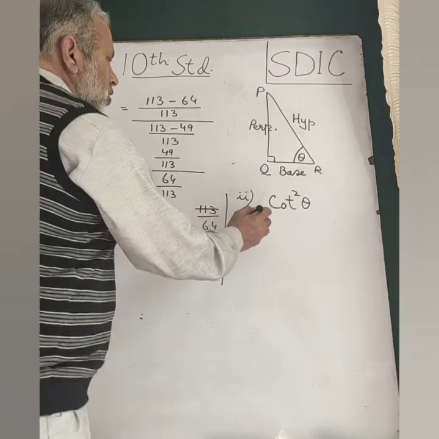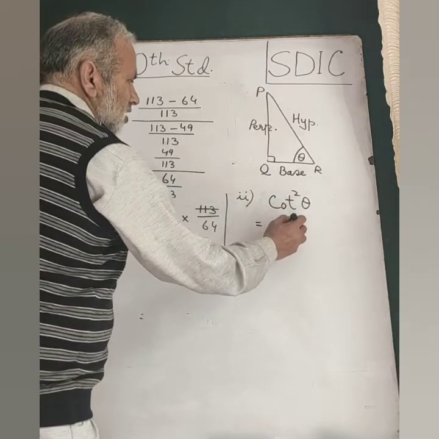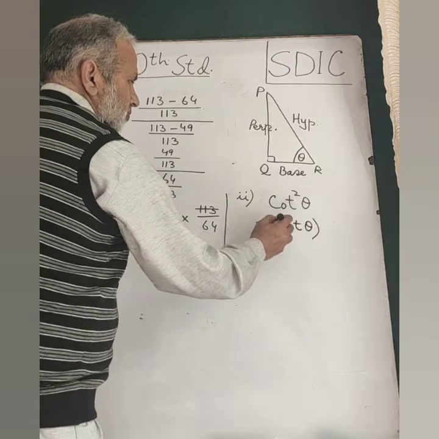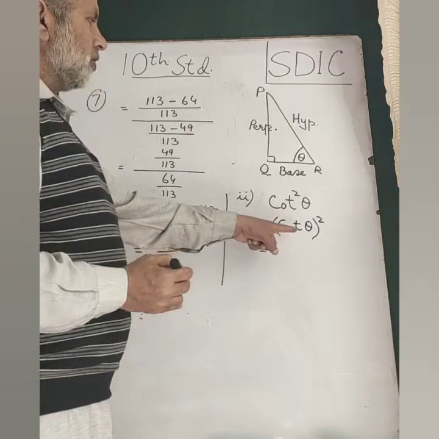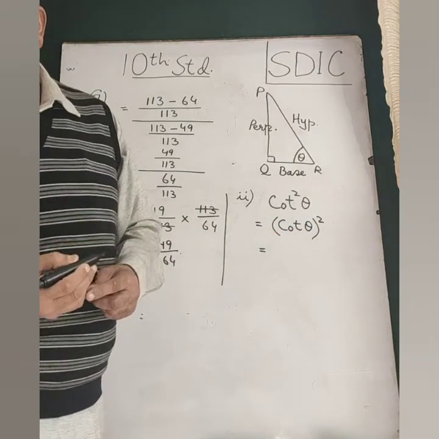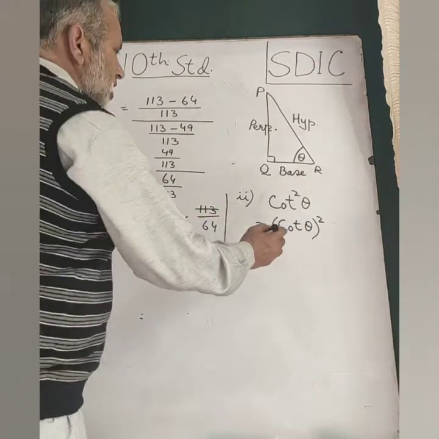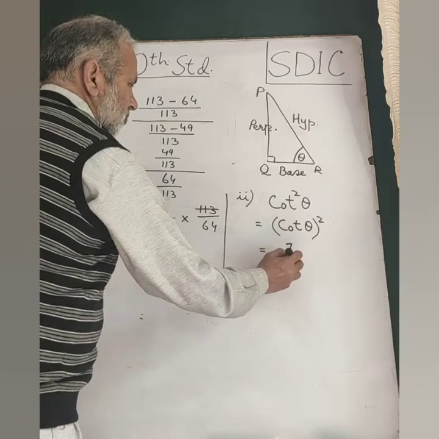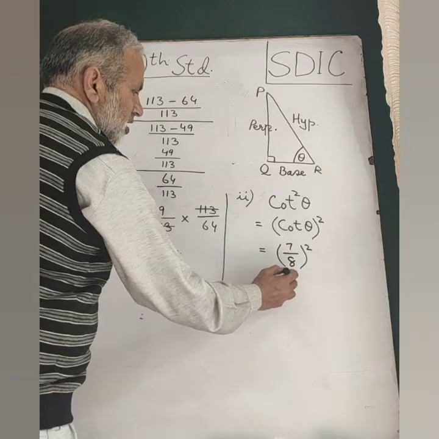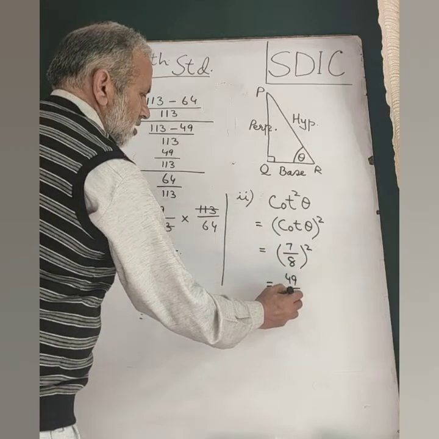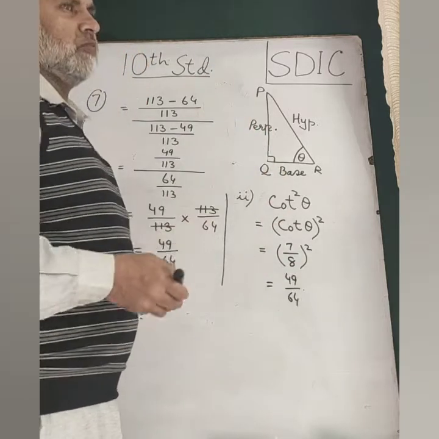Actually it is cot theta whole square. Thus what you need to do is to put the value of cot theta, which is given to be 7 by 8. Square of this, and the result will then be 49 by 64. This is the result of the second part.